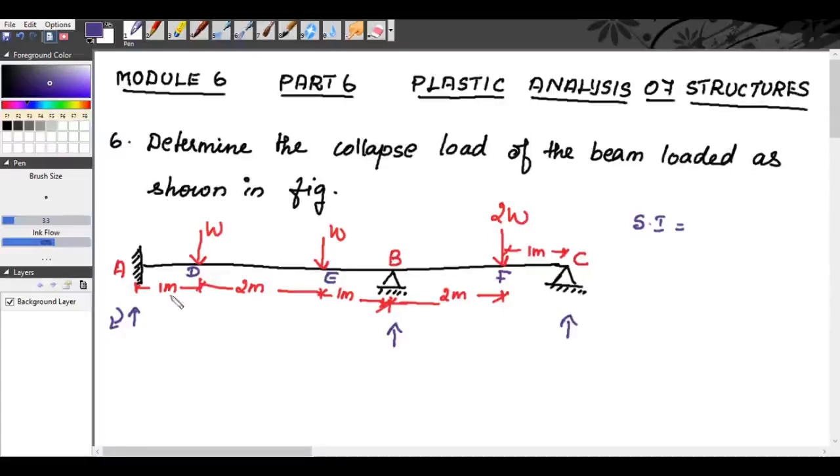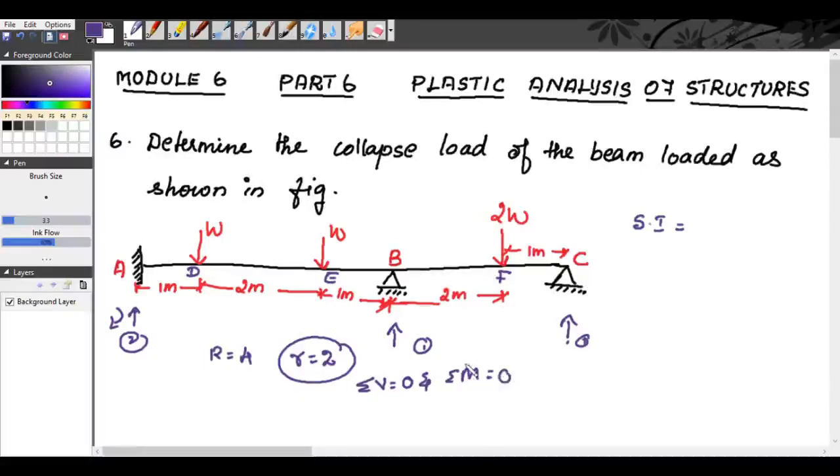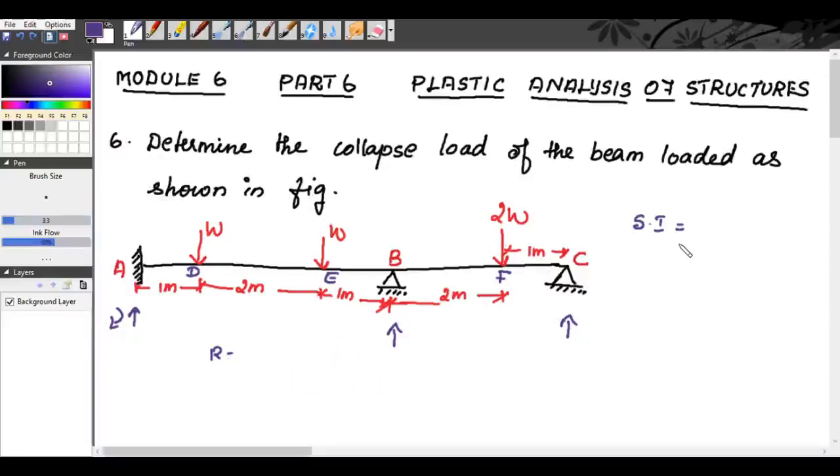So R is equal to 2, 1 and 1, totally 4. The number of equilibrium equations available is 2, that is sigma V is equal to 0 and sigma M is equal to 0. So statical indeterminacy is 4 minus 2, that is equal to 2.